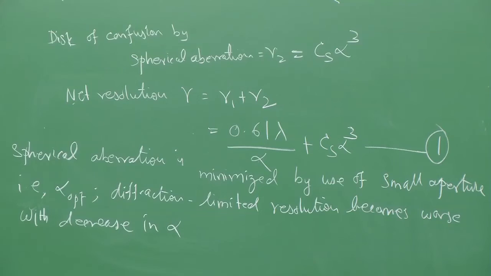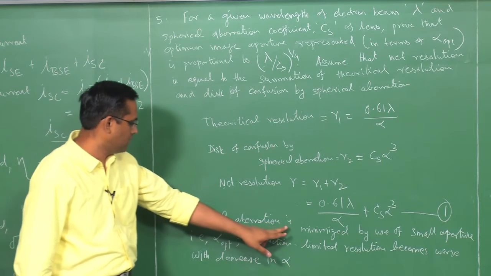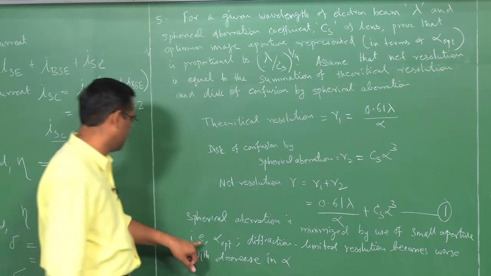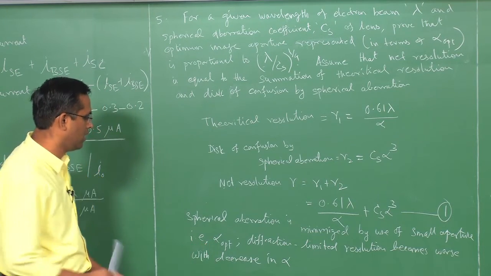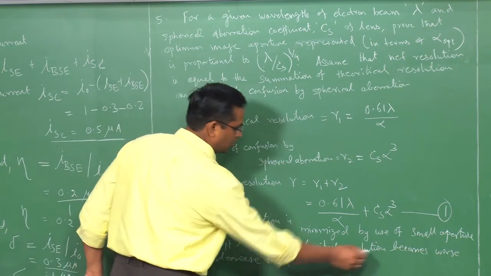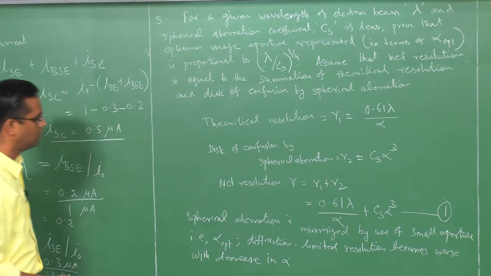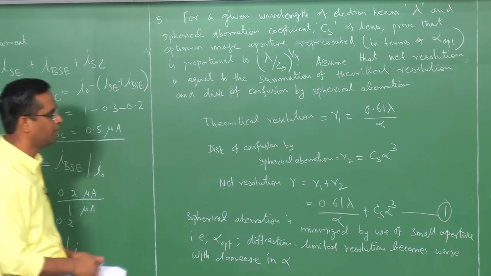So, what we are now saying here is when the spherical aberration is minimized by the use of a small aperture, that is alpha opt, diffraction limited resolution becomes worse with the decrease in alpha. So, we have to make a compromise.